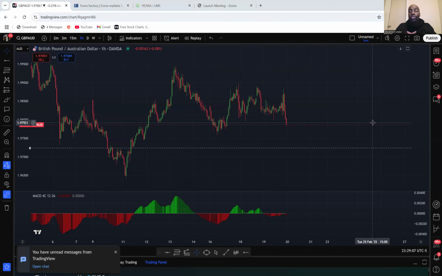So the Fibonacci tool is actually one of my favorite tools outside of the MACD. For those who don't know, the Fibonacci tool is a trading tool based on a set of technical analysis sequences derived from mathematics. I love math.